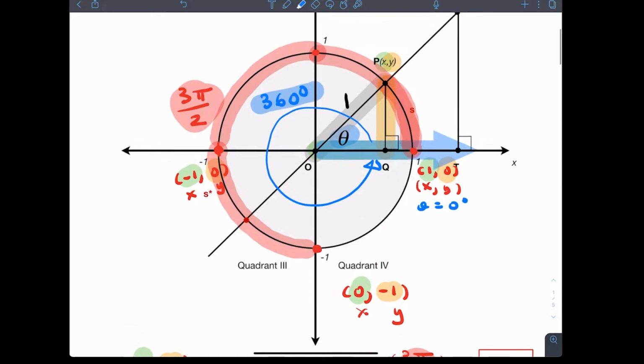What's the arc length associated with 360? 2 pi. Good. So this arc length now will be 2 pi, okay? You might say, can I do that? Yeah, you can rotate 360. Notice you are right back where you started.